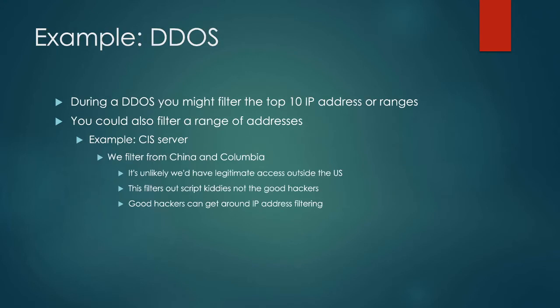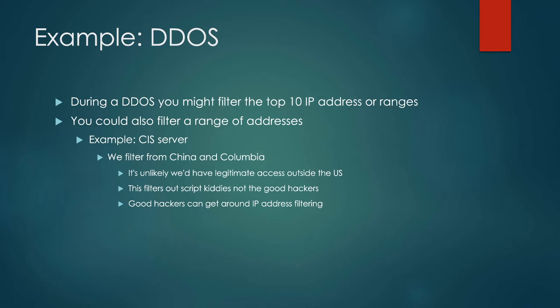An example of when we might end up wanting to look at the traffic coming through is distributed denial of service attacks. In the example of a DDoS attack, you might want to look at filtering a set of IP addresses or IP ranges. We could filter a range of addresses. I use the example of the CIS server.